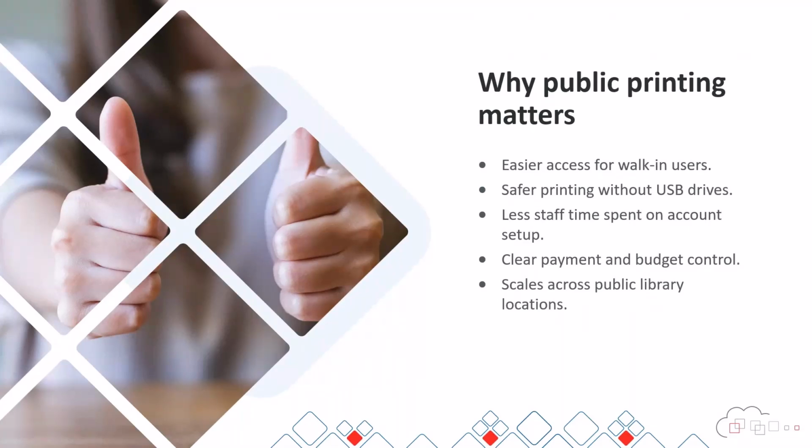For the library, the value is better security, less reliance on USB drives, clearer payment control, and stronger visibility of print activity. Now, this makes the proposition relevant for council library networks and other public environments, as I've mentioned before, where public access to printing still needs to be managed and controlled. So with that, let's define what the service includes at a higher level.